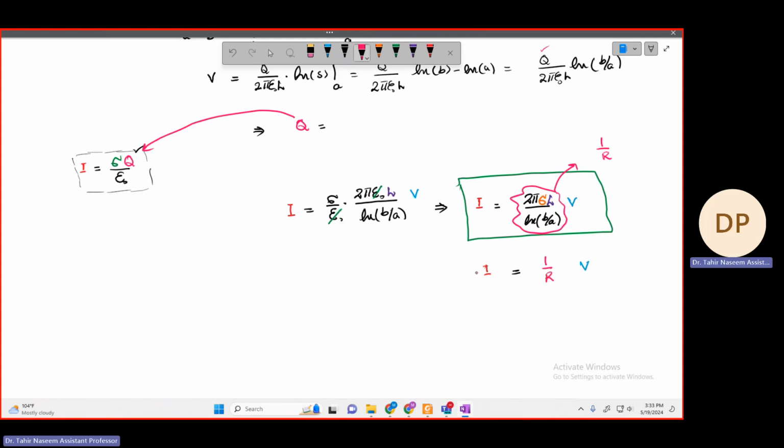Because if we take this R to the other side, it becomes V is equal to IR. So the resistance in this case will be its reciprocal, which is log of B over A, divided by 2 pi conductivity of the material, and then length of the material. Is this the case? Yeah. So this is the answer.